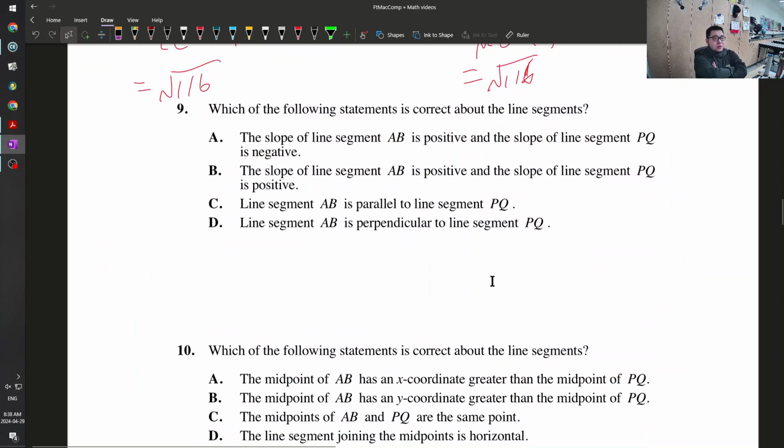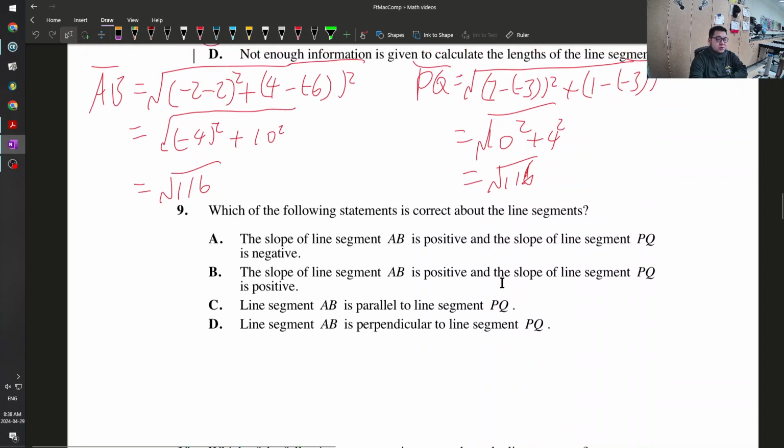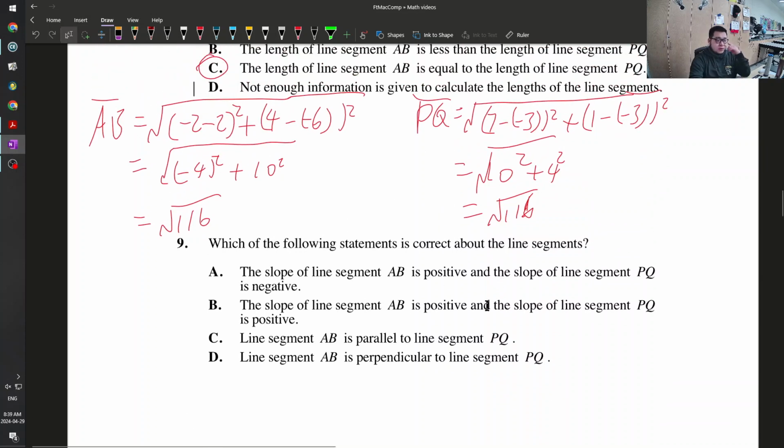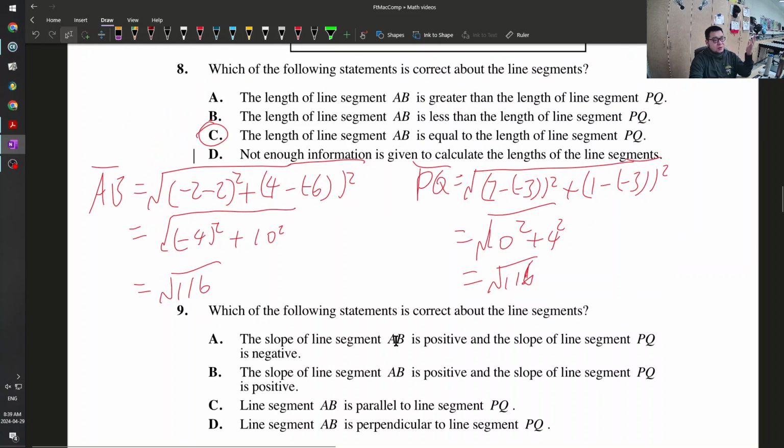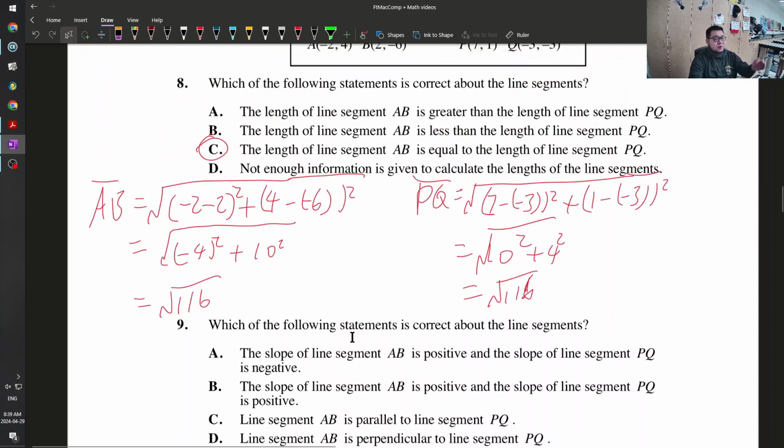Alright, which of the following statements is correct about the line segments? The slope of line segment AB is positive, while the slope of the segment PQ is negative. Parallel, perpendicular. Okay, so now we have to calculate the slope of each of these.